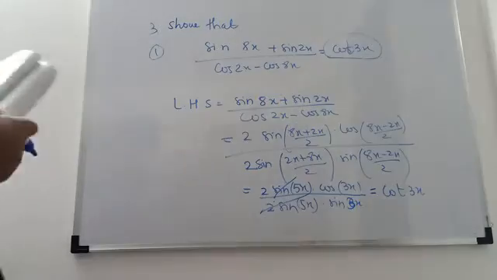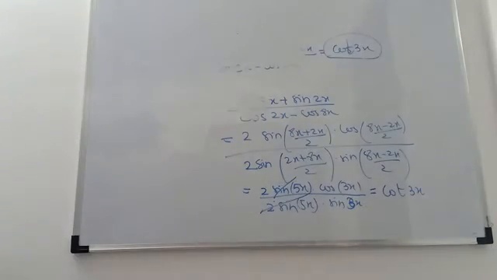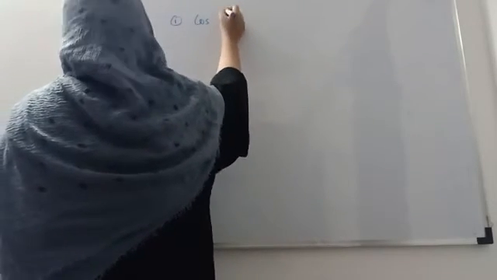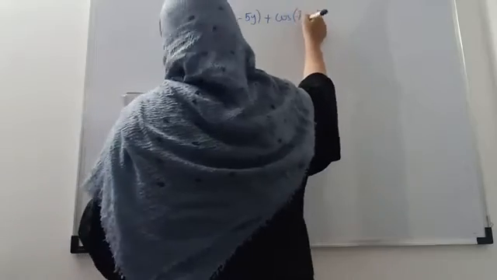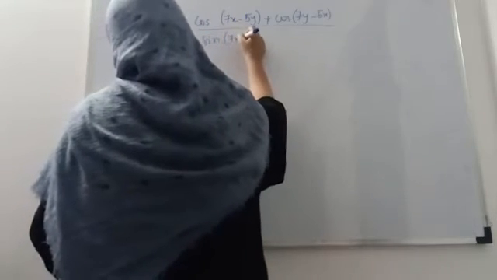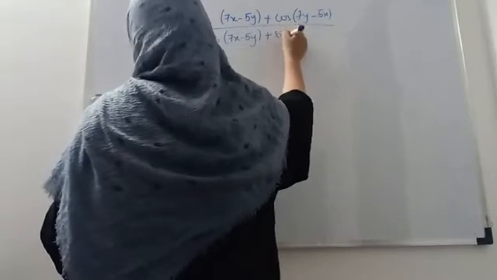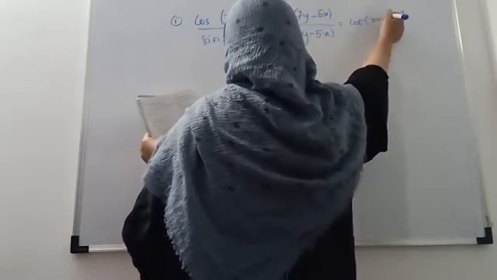We will solve question number 4, first part. Prove that (cos(7x − 5y) + cos(7y − 5x)) / (sin(7x − 5y) + sin(7y − 5x)) = cot(x + y).